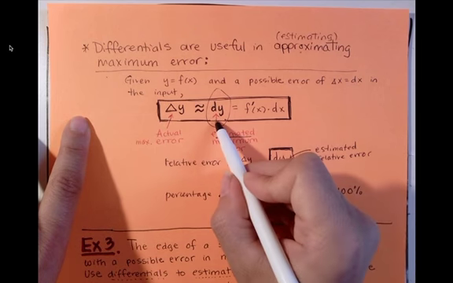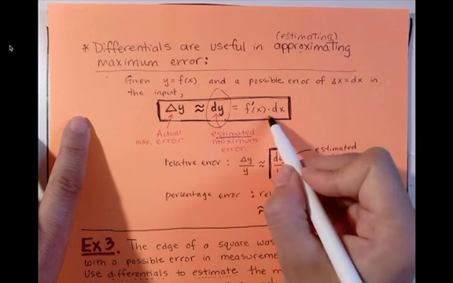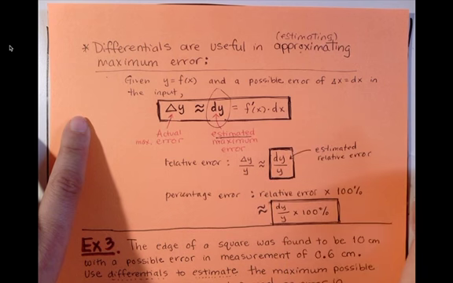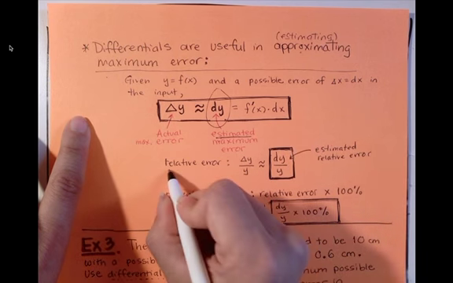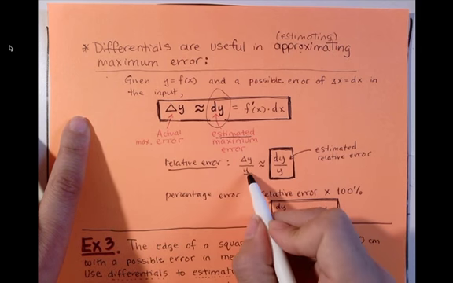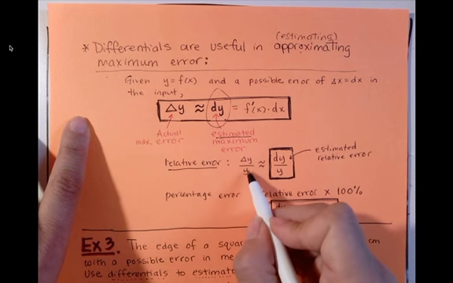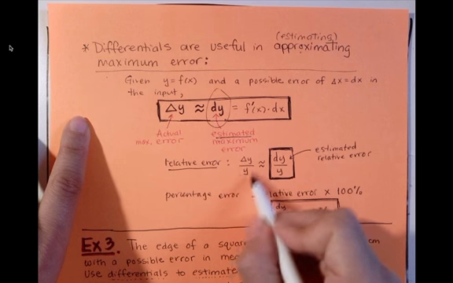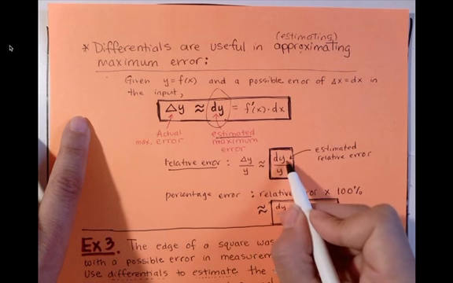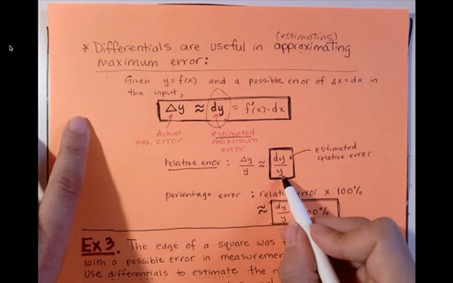And then we know from the previous example that the differential is just f prime of x times dx. As a side thing, the relative error is equal to the actual error over whatever function value we were interested in. And this is, again, estimated by taking the differential and dividing it by the function value.